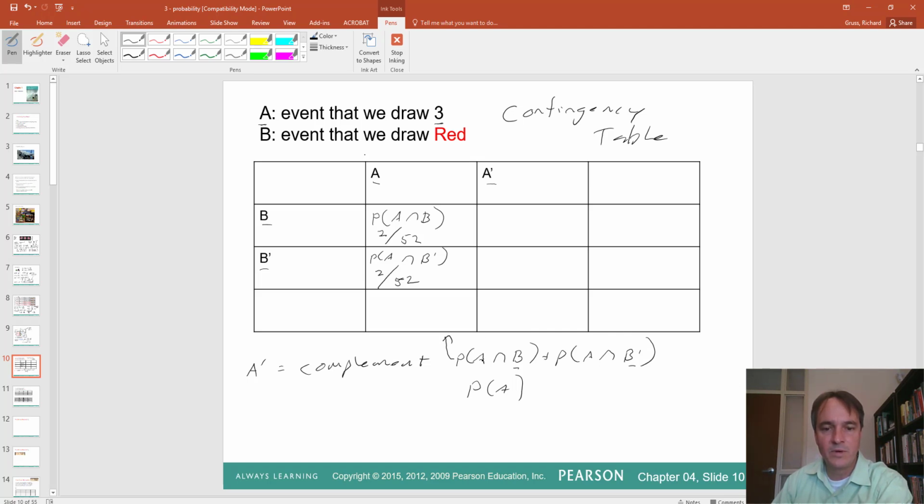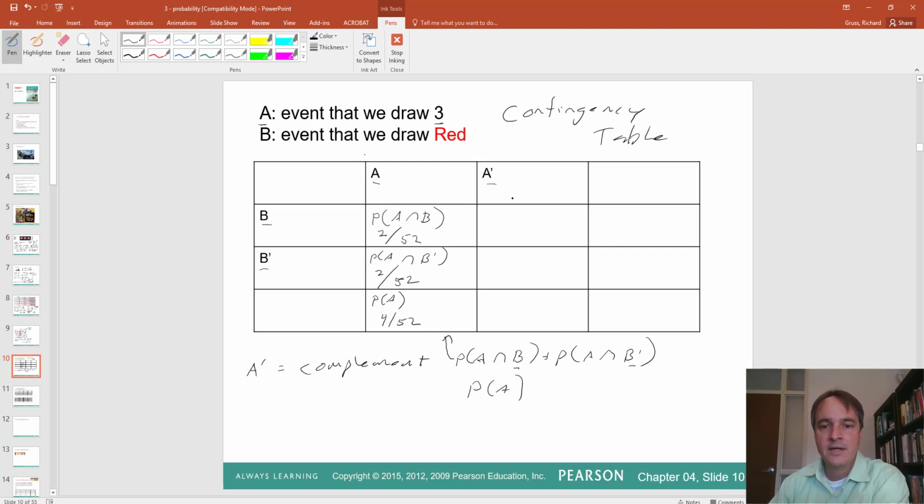So we get an A and it's either going to be B or not B. It's either going to be red or not red. So this is just going to be probability of A, and so we can just sum up these. So probability of A is going to be 4 out of 52. And that makes sense because the probability of drawing a 3 is going to be 4 out of 52.